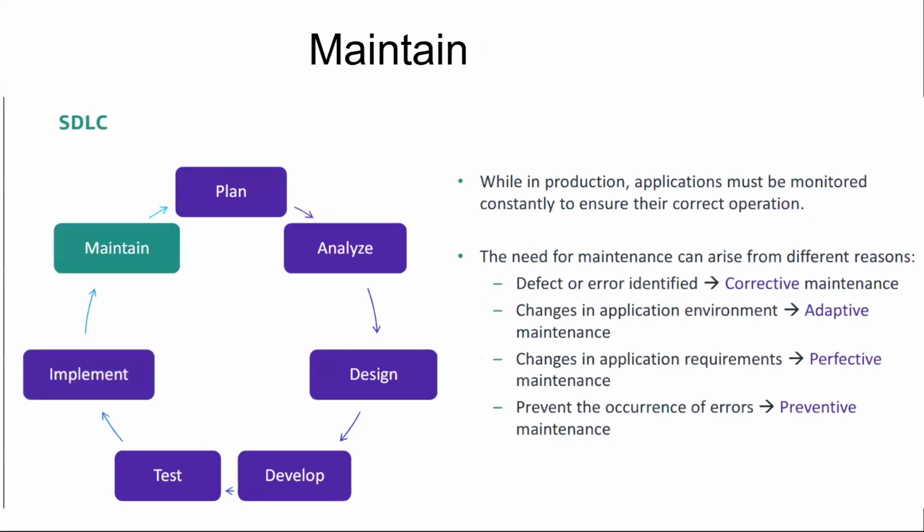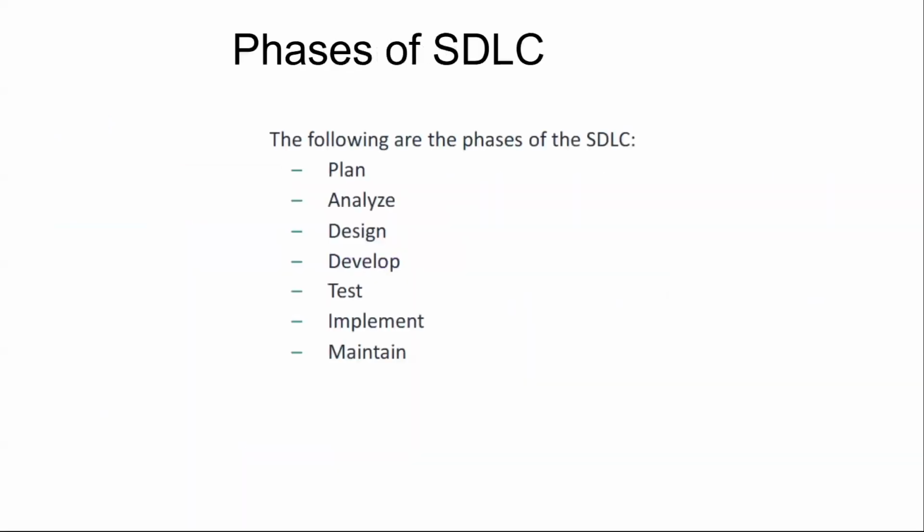Then you are maintaining it, which means any error has to be monitored and you have to make sure that no error happens. This terminology is important, that is SDLC, software development lifecycle. The phases are planning, analyzing, designing, developing, testing, implementing, and maintaining.